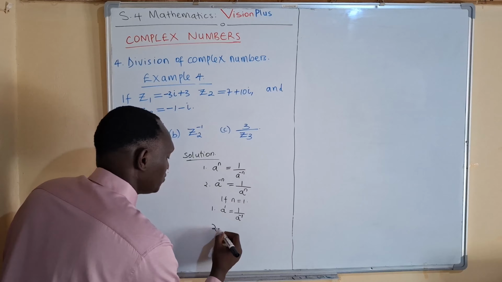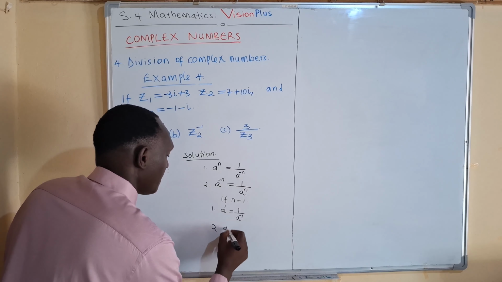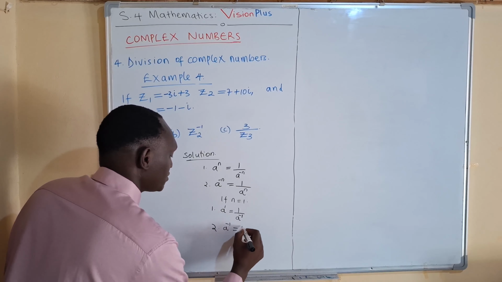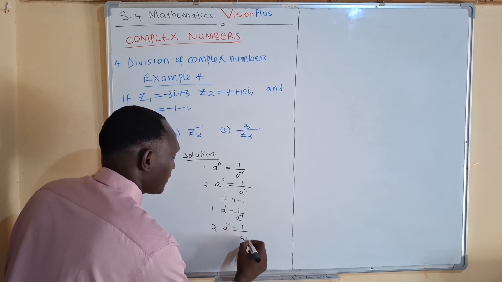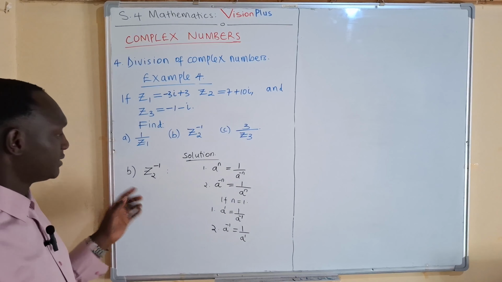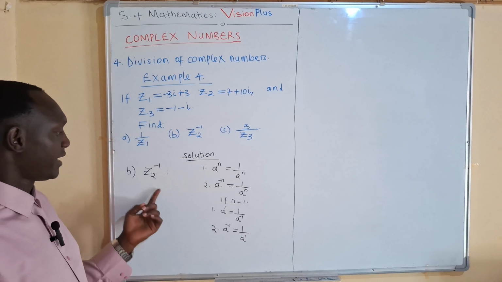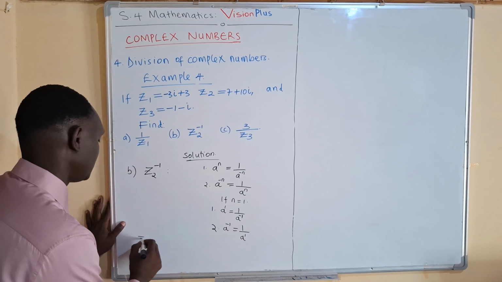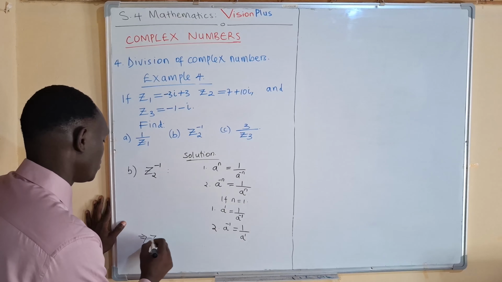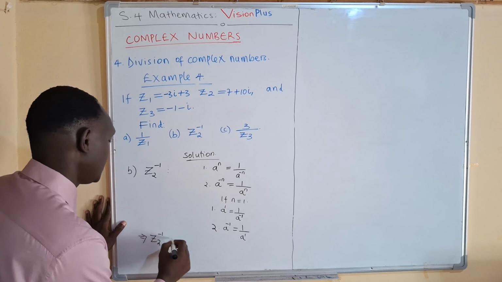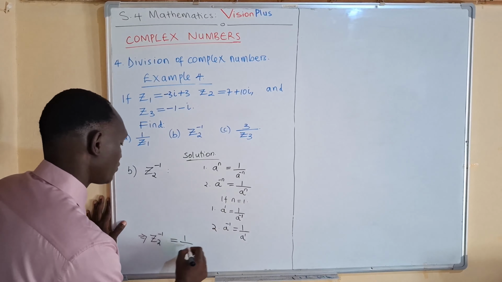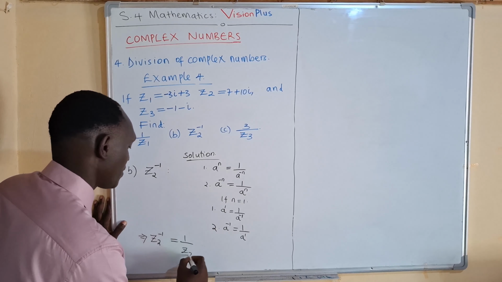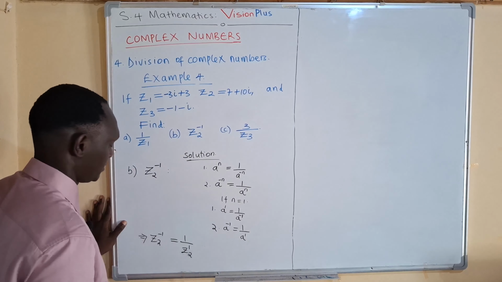And then for part B, the rule is that a power of negative 1 becomes 1 over the power of 1. This is the same knowledge that we shall apply here. This implies that Z2 to the power negative 1 is the same as 1 over Z2 to the power positive 1.